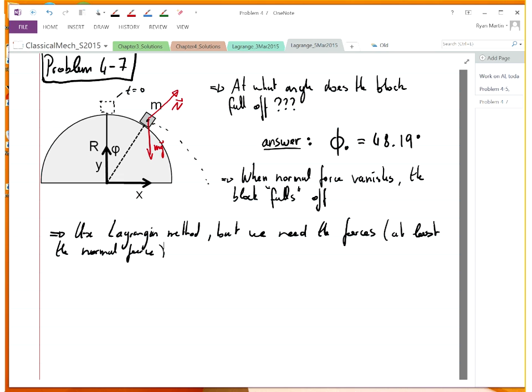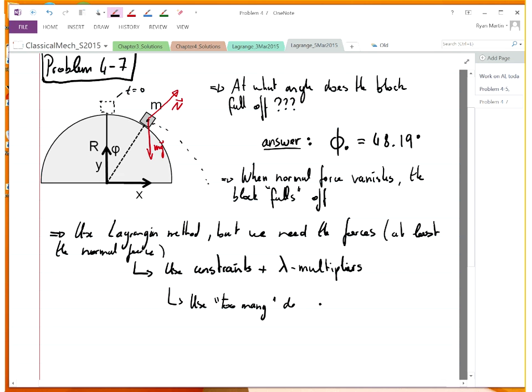Okay. So the idea here is that we want to use constraints plus Lagrange multipliers. So that means we need to use too many degrees of freedom.